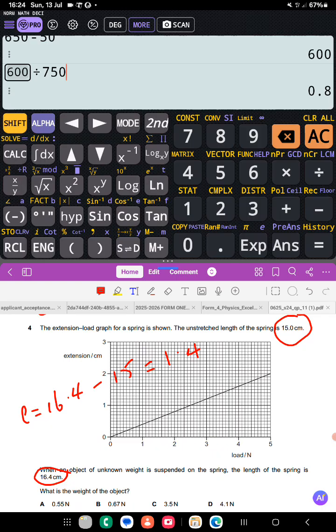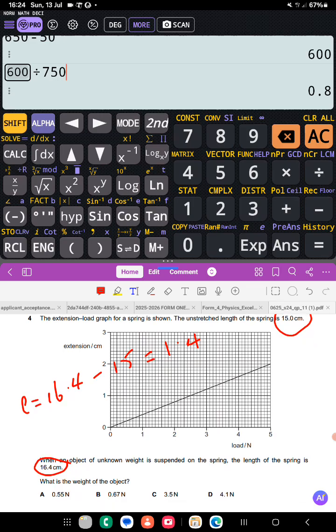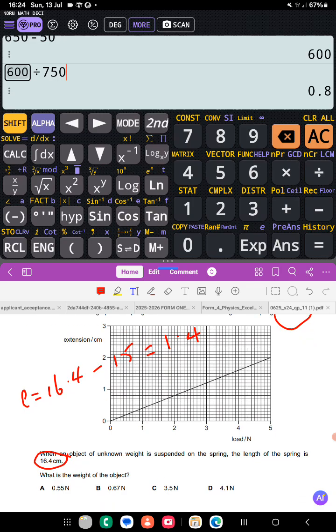In order to find the weight, we need to apply Hooke's law. Hooke's law says that the force on a spring is equal to the spring constant multiplied by the extension.